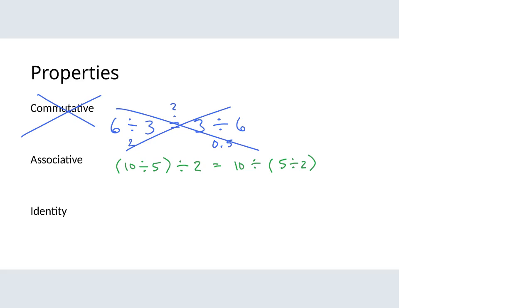What do you think? Are those two equal to each other? You can do the calculations and make a decision, to see whether that's true or false, whether associative can work with division.